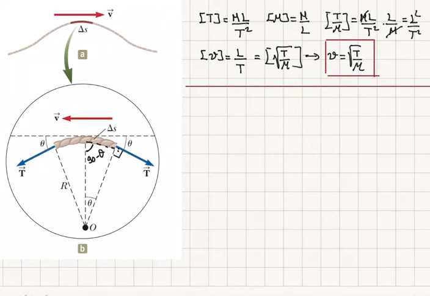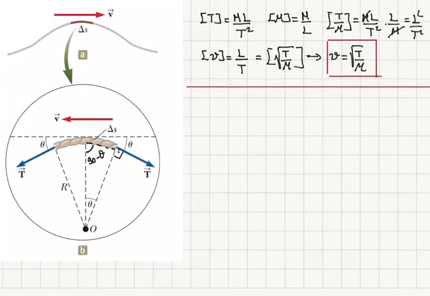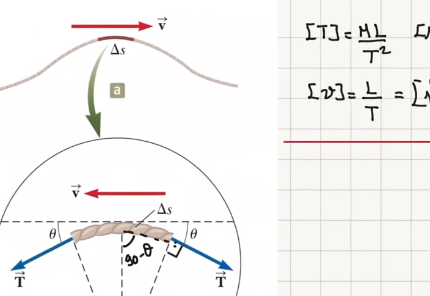Now I want to look at a wave that is propagating to the right with velocity v. I'm picking a string element with arc length delta s, a small part of the string, and in the reference frame of the string, the wave is actually propagating to the left, right?